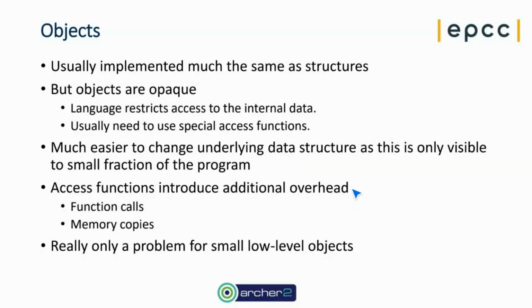However, those access functions, those getters and setters, do introduce some additional overhead in terms of function calls. Unless we're pretty careful about inlining, which was mentioned yesterday, it's very important to get those getters and setters inlined, because they are functions which do almost nothing.